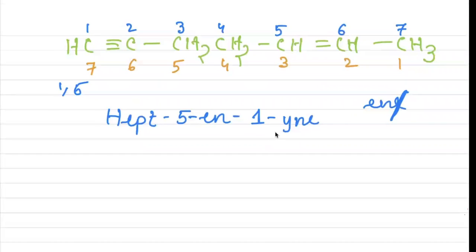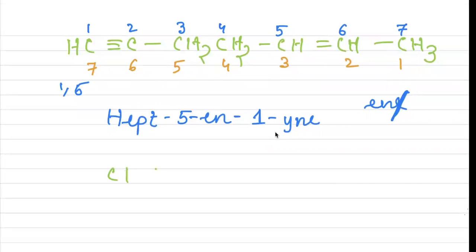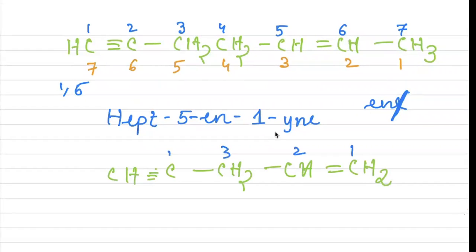Now next is CH triple bond C, CH2, CH double bond. So say the numbering 1, 2, 3, 4, 5, or 1, 2, 3, 4, 5.